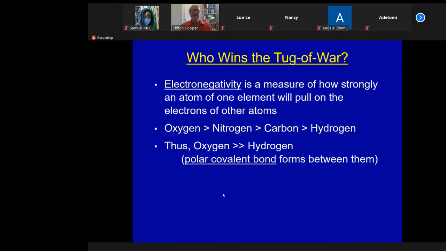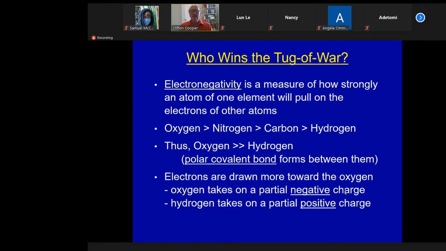So if we have something with oxygen paired with hydrogen, we get what we call a polar covalent bond. That means it's a charged bond. The bond has a positive end and a negative end. So in that case, with this polar covalent bond, oxygen gets negatively charged.